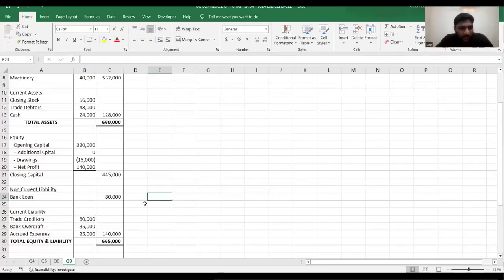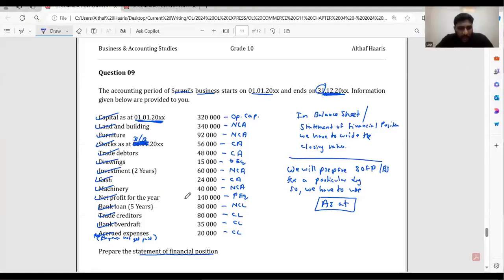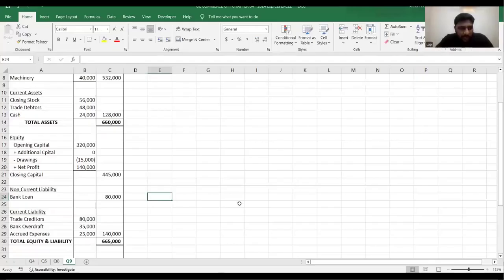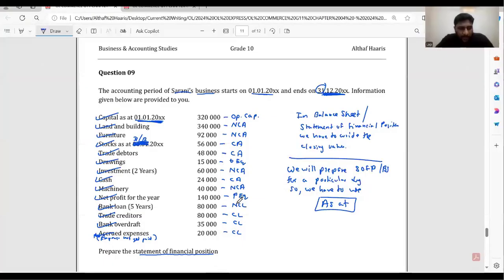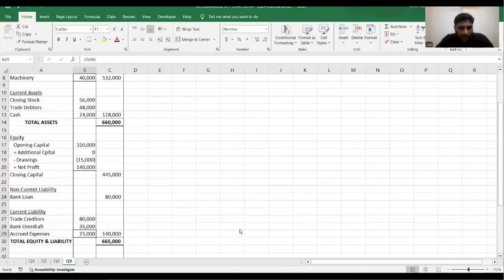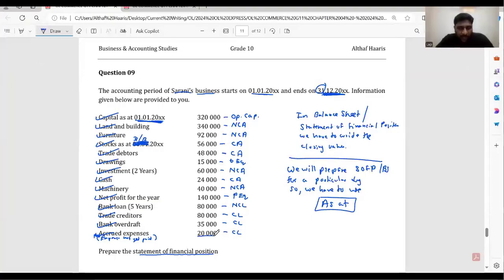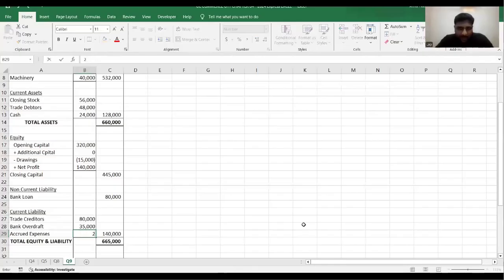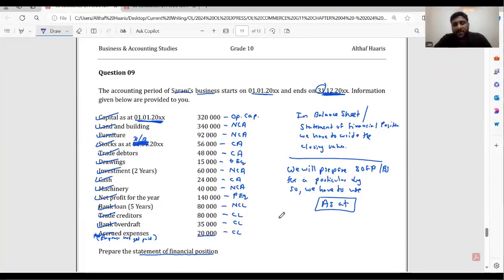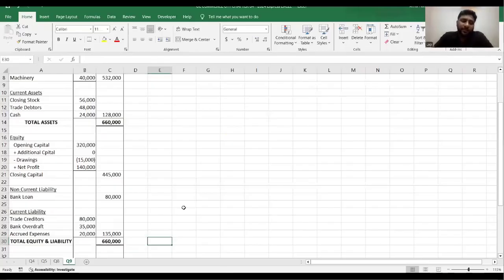Net profit 140, bank loan 80, trade creditors 80, overdraft, accrued expenses 20, not 25. So it is 135,000, because accrued expense is 20. We have mistakenly typed it as 25. Now correct.